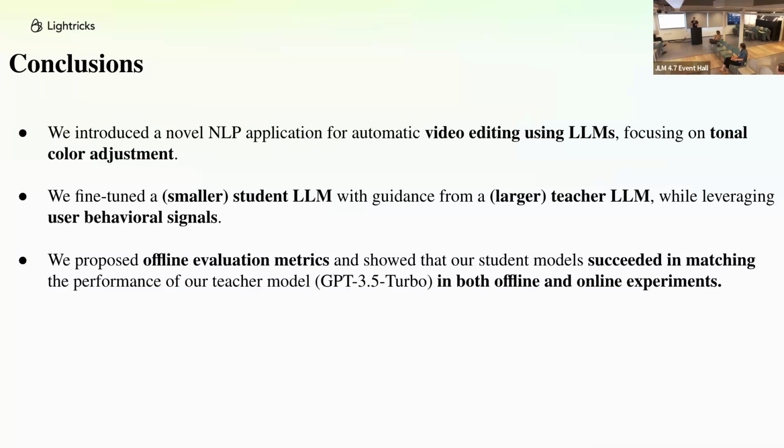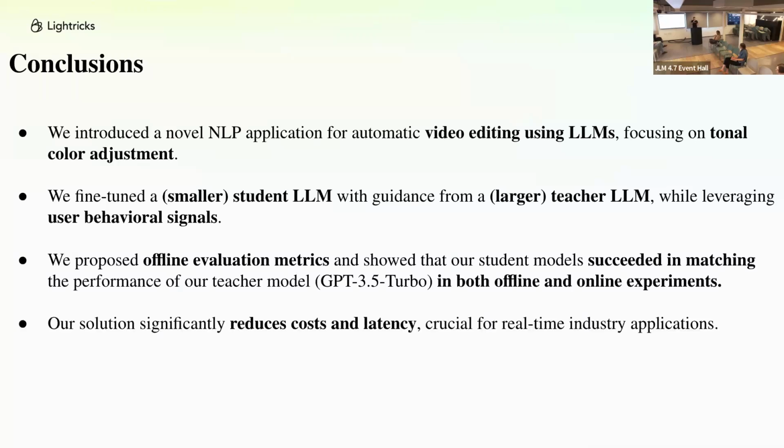We propose offline evaluation metrics and show that the student models succeeded in matching the performance of the teacher in both offline and online experiments. And our solution finally has significantly reduced cost and latency, which is crucial for real-time industry applications and makes this project very efficient.